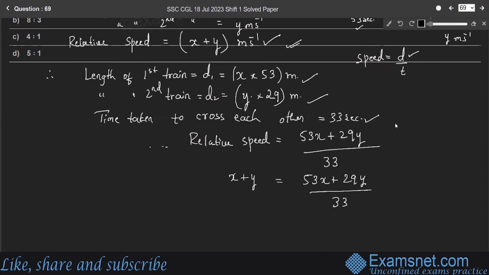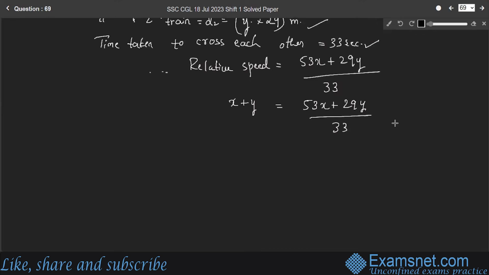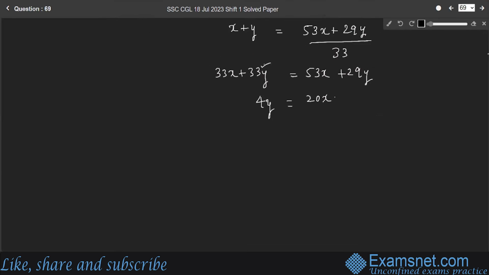Simplify it. So 33x plus 33y is equal to 53x plus 29y. Therefore, 33 minus 29, which is 4y, is equal to 53 minus 33, which is 20x. Therefore, y by x is equal to 20 by 4, which is 5 by 1, right?